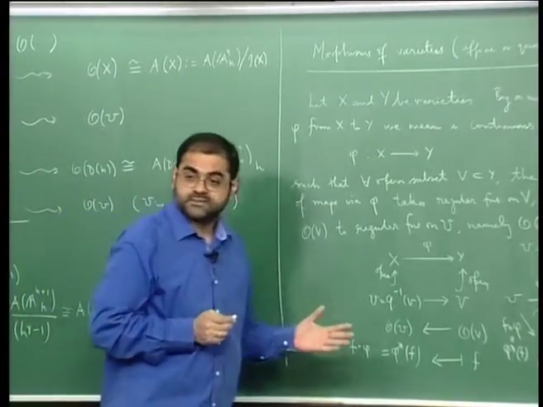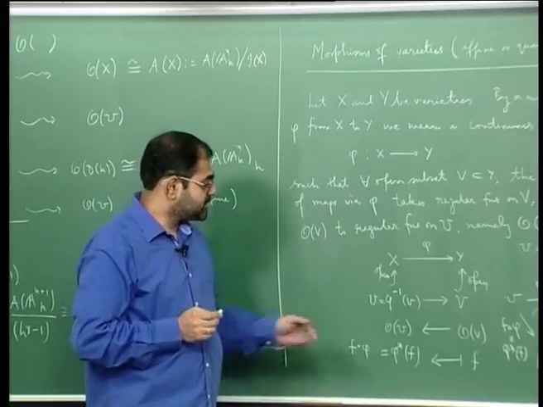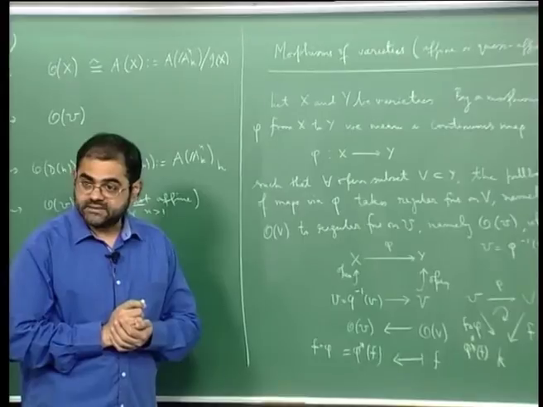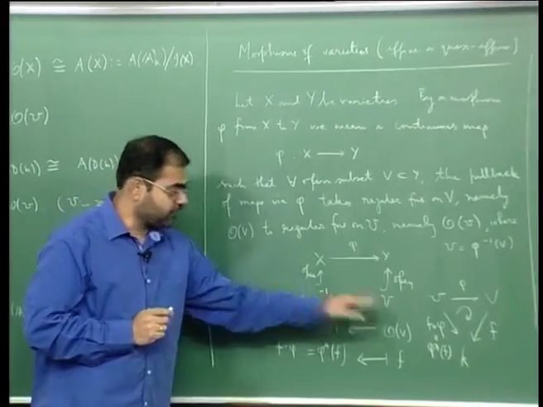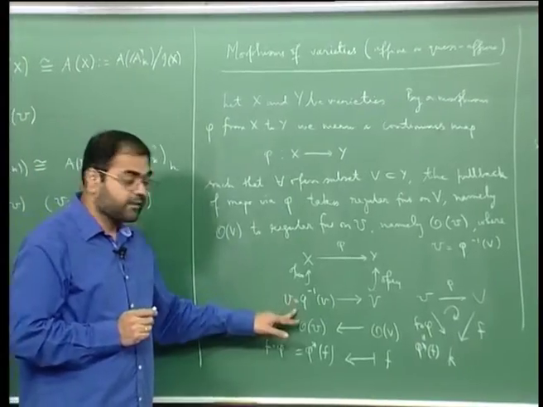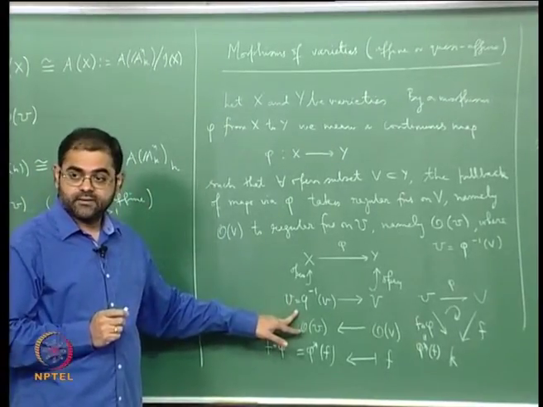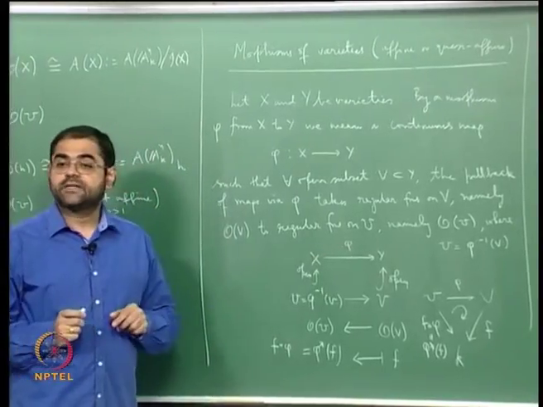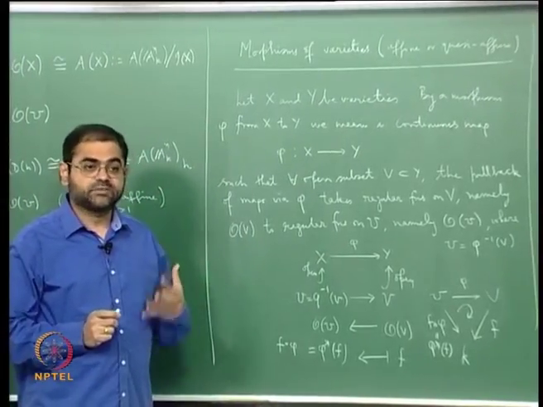So this is the requirement: you take an open subset of the target variety, take a regular function on that. If you compose it with phi, you should get a regular function on the source. This is just the condition that the map phi is continuous and it pulls back regular functions to regular functions.